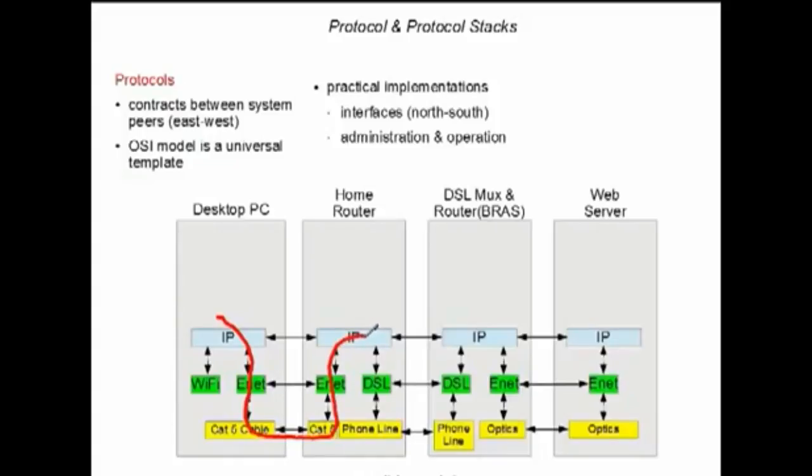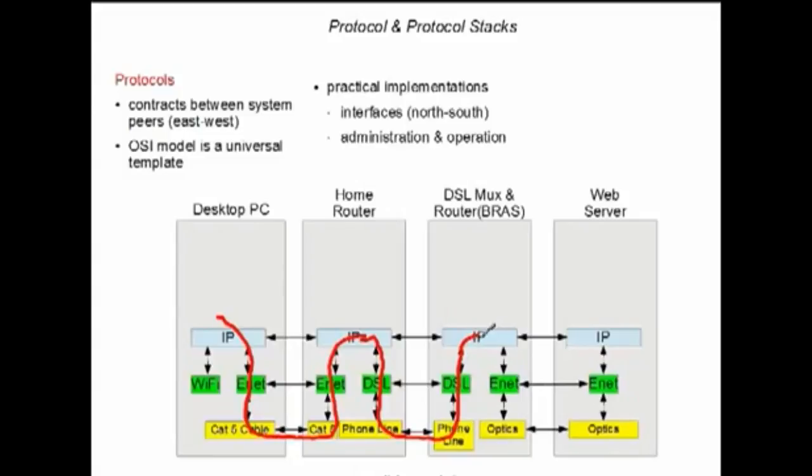Now the PDUs that arrive at the IP layer will be sent over a DSL line. The DSL line uses a completely different technology, of course, as we stated earlier, but that information is going to travel over the phone line and arrive at the IP layer in the BRAS. The DSL multiplexer will terminate the DSL technology and send it to the BRAS via either ATM or Ethernet.